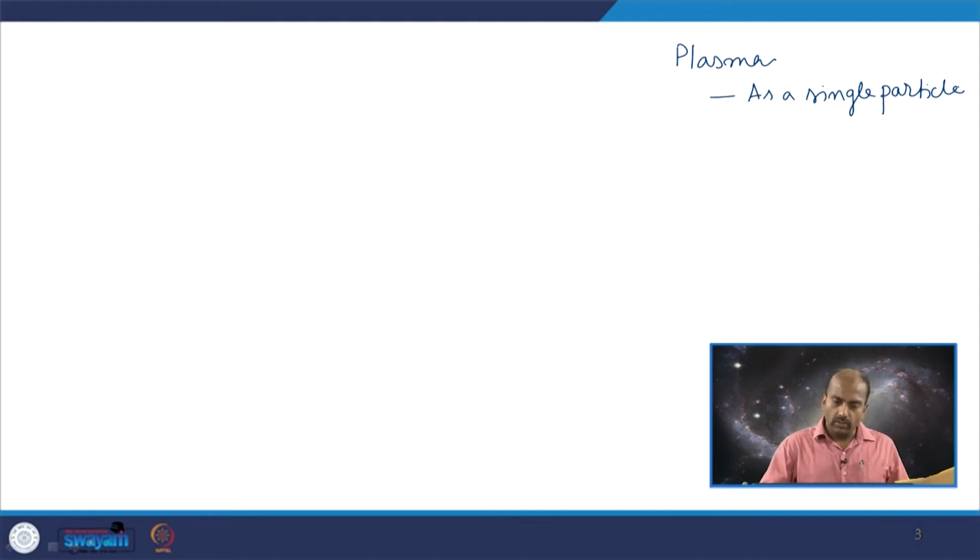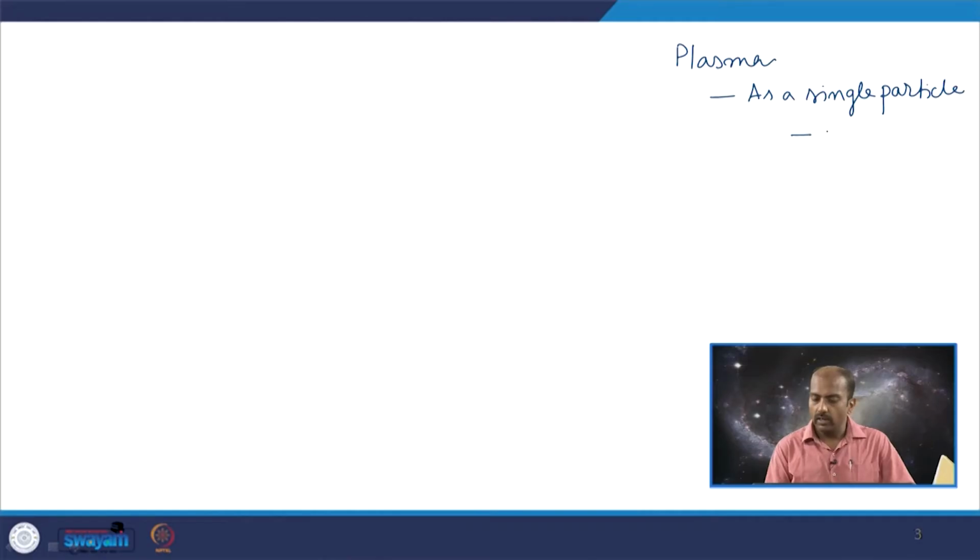In today's class, we will continue the discussion of single particle motion in various different types of fields. To begin with, we have considered plasma movement in an isolated homogeneous static electric field, and then an isolated homogeneous static magnetic field.